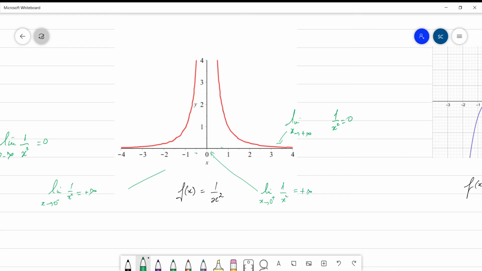So we have these two kinds of behavior: the limit at infinity, when x is large, gives a finite quantity, and the limit is infinite when you are approaching a fixed number.